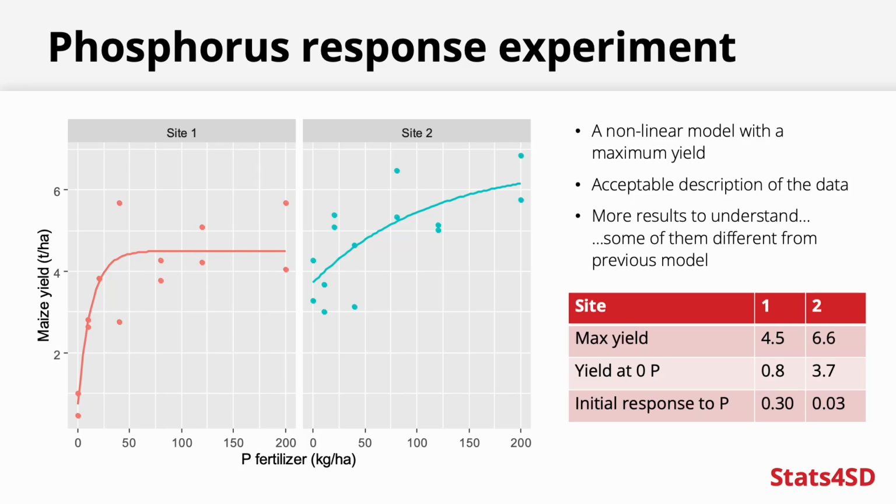But notice something else as well. Results we obtained from the previous model are now different. That yield at low phosphorus input, we get a different estimate from this model than the previous one. The answer to a question such as what is the initial response to fertilizer depends on which model we use.